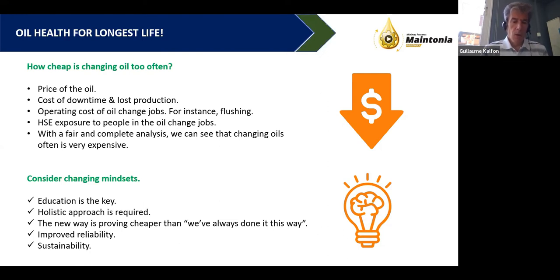Okay, so what can we do about that? There are a few key points in terms of mindset when we look at oils and when we look at hydraulic fluids. And one of the key points is education. So one thing is there is progress. There is scientific progress. There is technological progress. And we are finding ways to make in-service fluids last much longer.